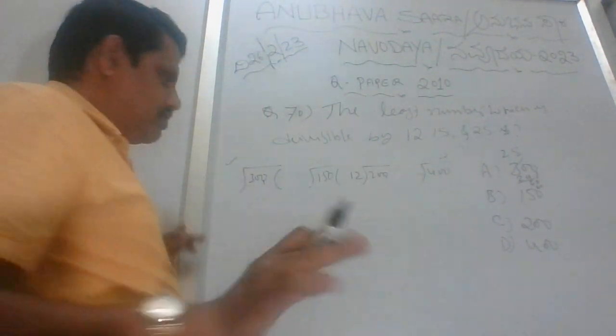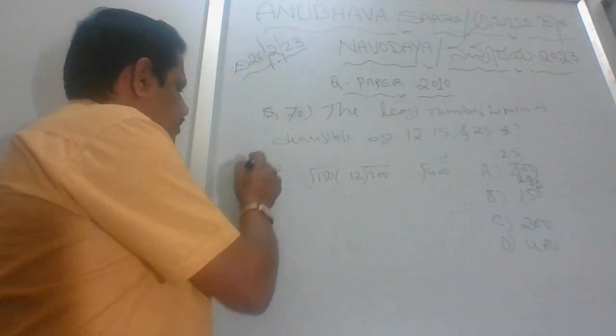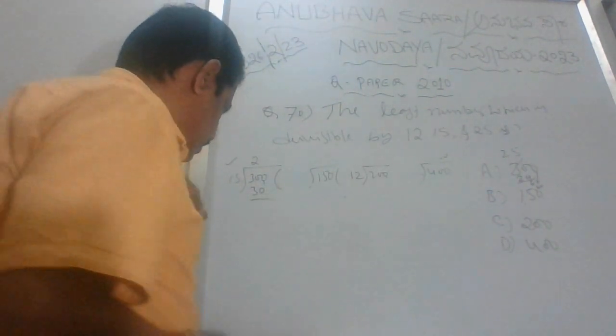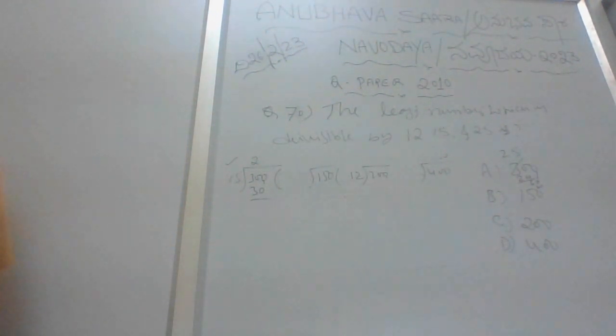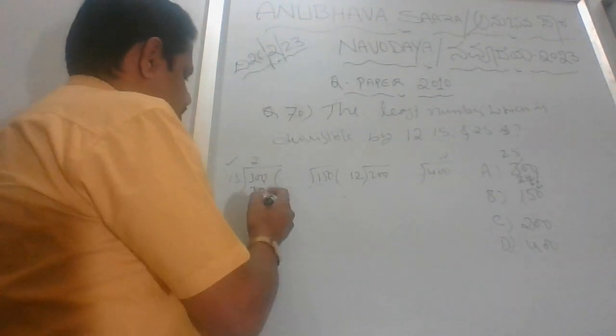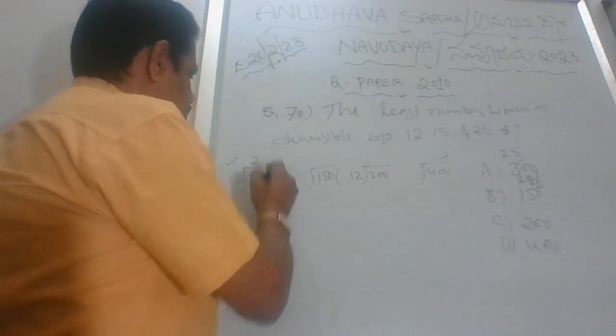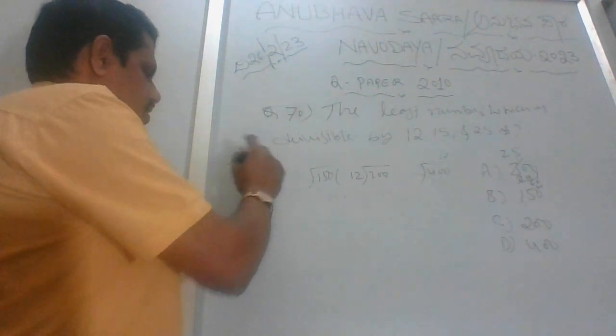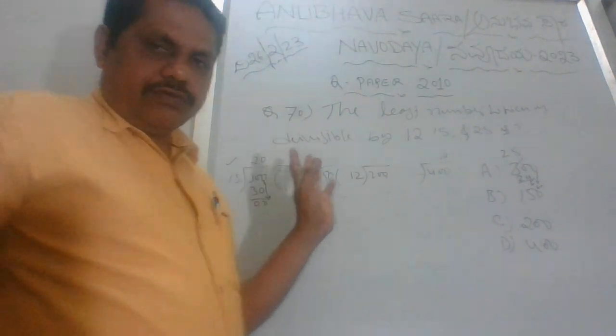Now 12 we have finished. Now we will go with 15. 15 twos are 30. 0 0. So 0 is left. Then we will keep it here as a 20.